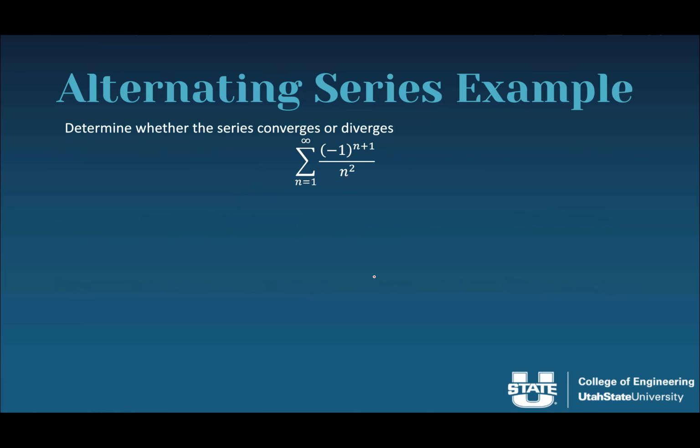So the first thing I'm going to do is go through my little list of checks. If I factor out my (-1)^(n+1), my a sub n is going to be equal to 1 over n squared, right? I just factored it out, and all I was left with was 1 over n squared. 1 over n squared is basically the same thing as 1 over x squared, which is continuous. Check.